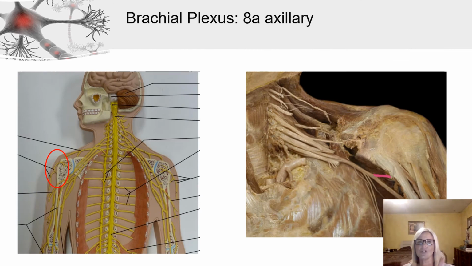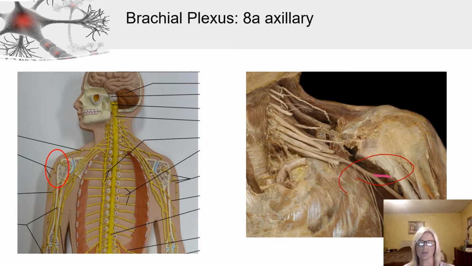First we have axillary, and these aren't in exactly the MARMU order, but it doesn't really matter for this purpose. Axillary, I always think armpit. That's how I remember where this one is, and you can see it over here in your APR image. Sometimes I don't have really good model pictures or images, so I will sometimes throw some APR images in here, but not always.